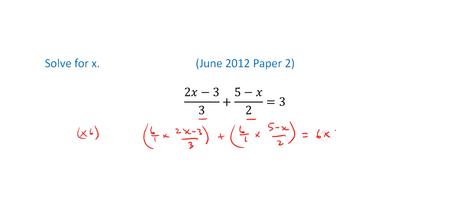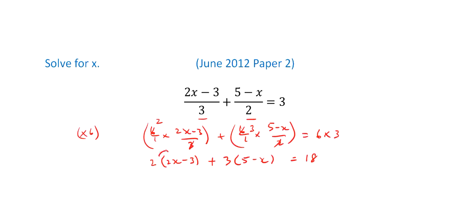6 multiplied by 3. Alright, so 3 can go into 6 2 times. So this will become 2 open brackets 2x minus 3 plus 2 can go into 6 3 times. So this is plus 3 open brackets 5 minus x, which is equal to 18.